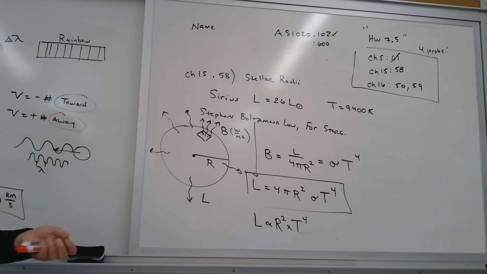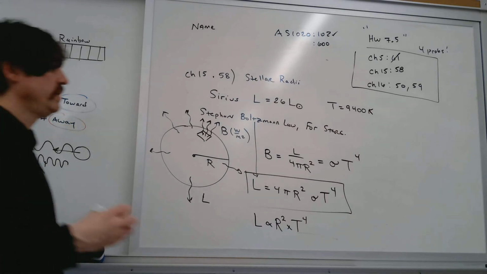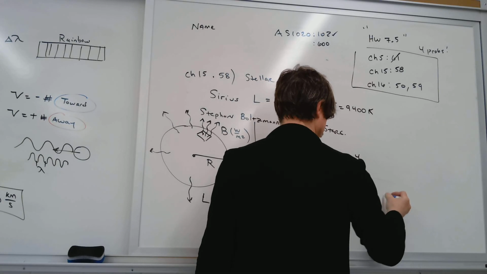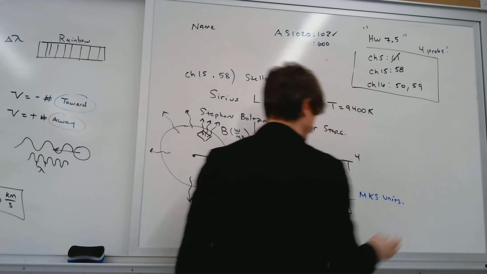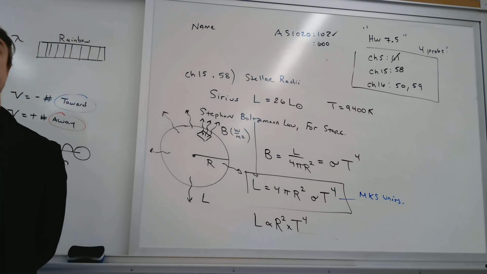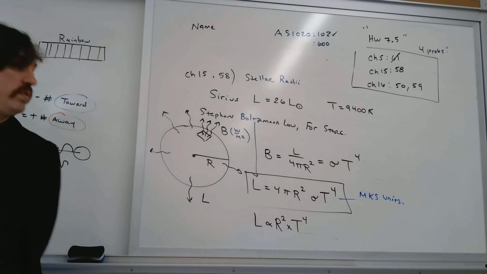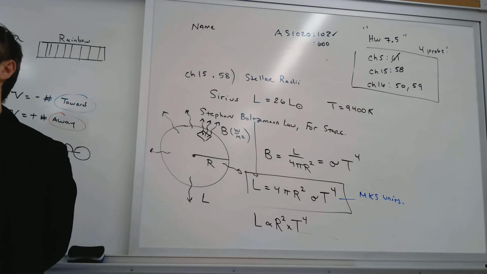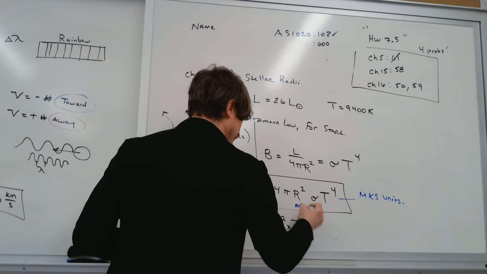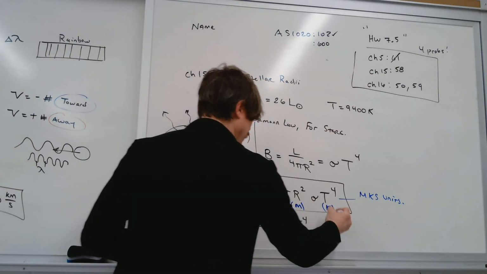Now, normally, in this version of the formula, you would use MKS units. What is the MKS unit for temperature? Kelvin. What is the MKS unit for radius? Meters, because it's length. Now, that's the way that I used to do this with students, and that's the way I'm tempted to do it with you.